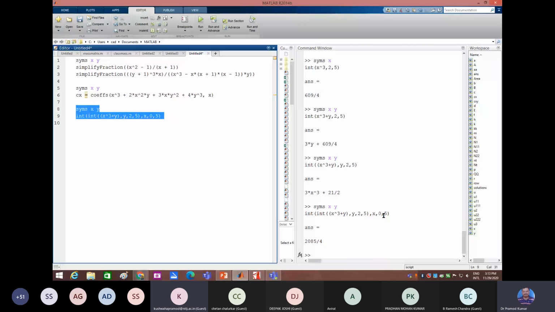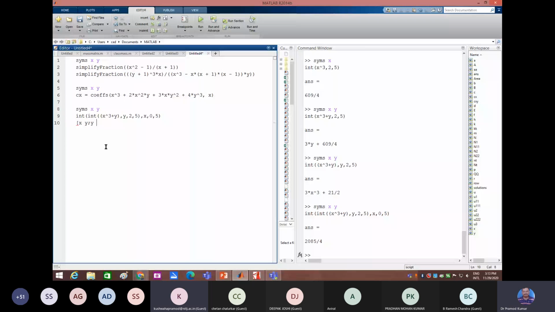This thing we can do to the matrix also, not only this scalar, but the matrix also we can have the integration and the differentiation. You have this matrix like x, y, and y, x.